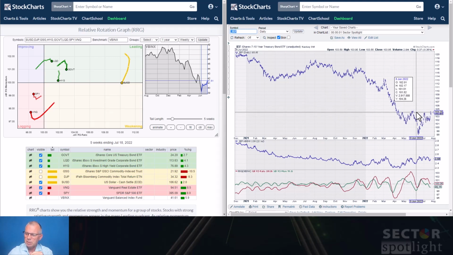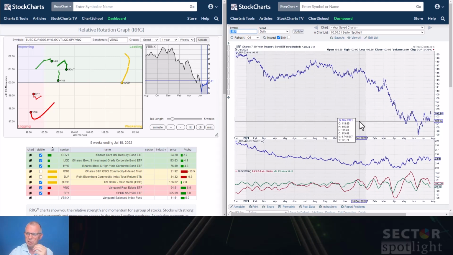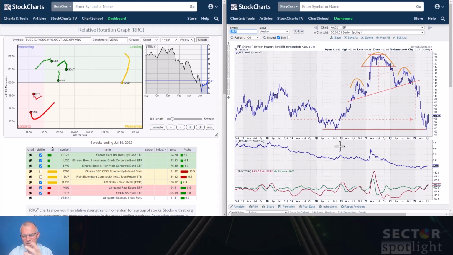And I'm going to be conservative here, but when IEF breaks above 104.50, 105, I think we could be in for a rally of about 5.5 to 6 points on IEF. That would mean a pretty serious decline in interest rates, in 7 to 10 year yields, and a rally in bond prices.